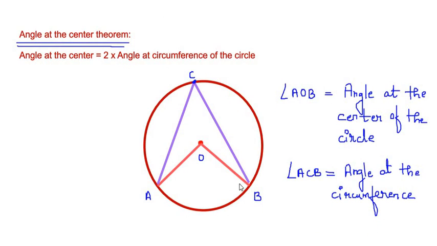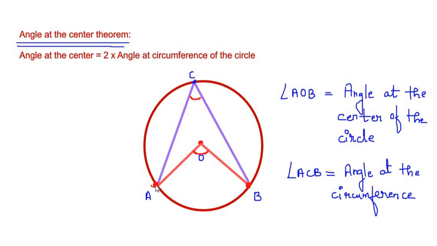So here you can see I have already drawn a circle, and there is an angle made at the center of the circle by the points A and B. So the angle AOB is called the angle at the center of the circle. Now using the same points A and B, I have also drawn an angle at the circumference of the circle, that is angle C. So we call it the angle at the circumference.